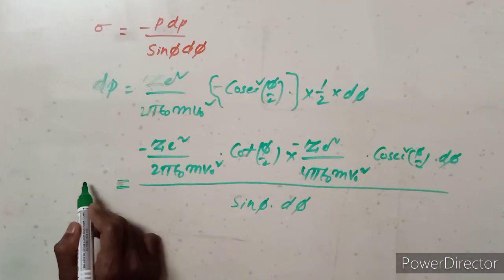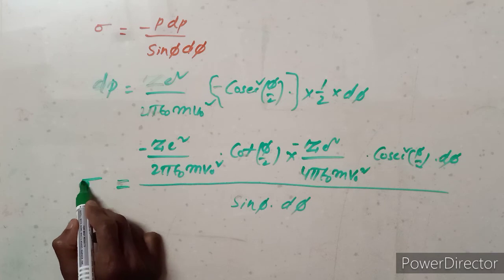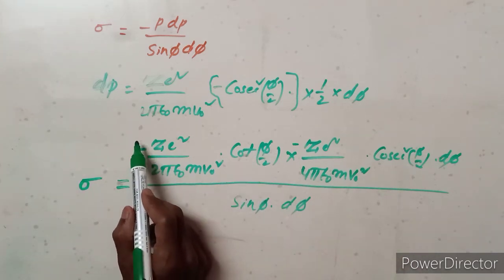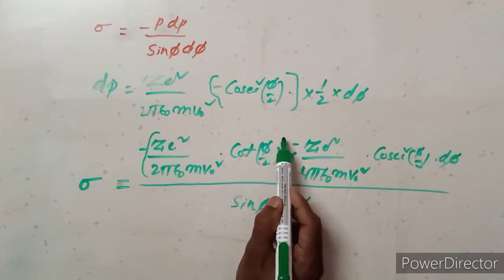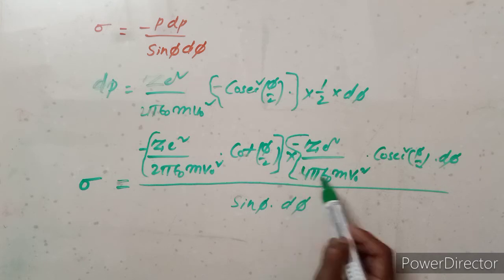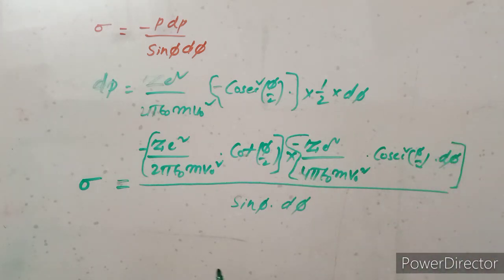This is the correct way. Sigma equals whole by, this is the P value, this is the dP value, here minus, whole upon sin phi d phi.